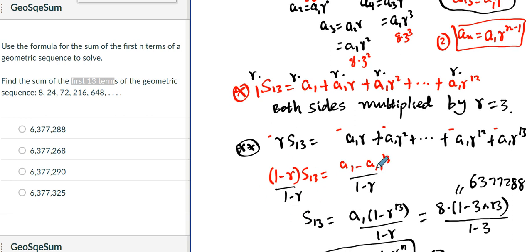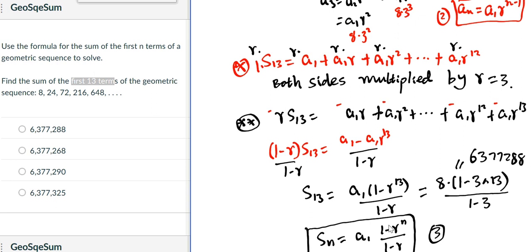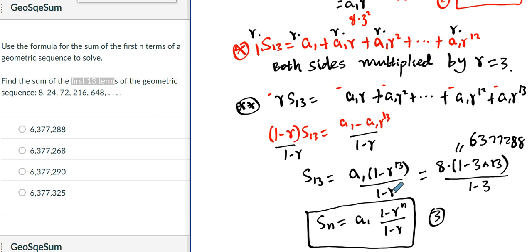So you pull A1 out. Inside here again, A1 is A1 times 1. When you pull A1 out, you have 1 subtract r to the 13th. That's the numerator. The denominator is 1 minus r. This would be our formula for the sum of the first 13 terms.